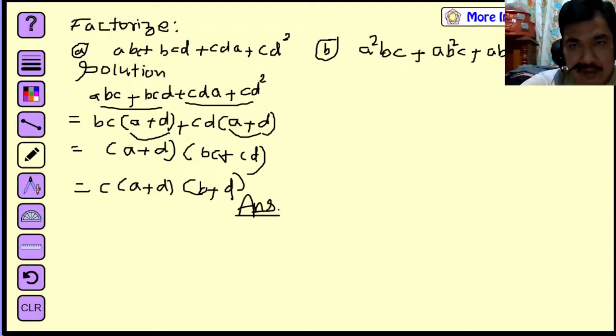And the fourth term given is ABCD right here. Okay, in this condition, what we have to do, look here.